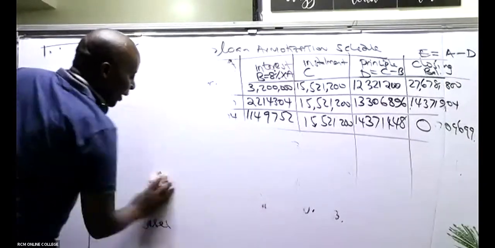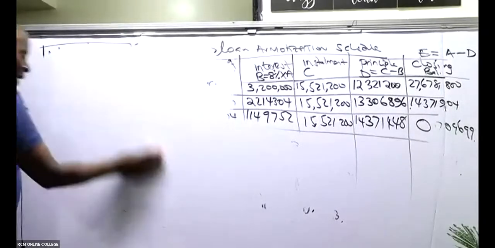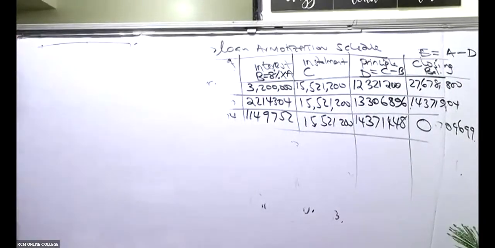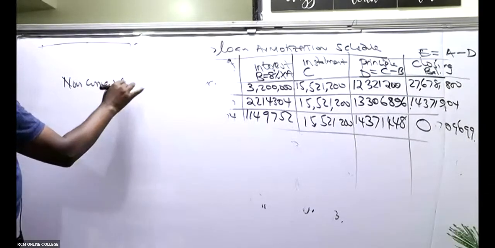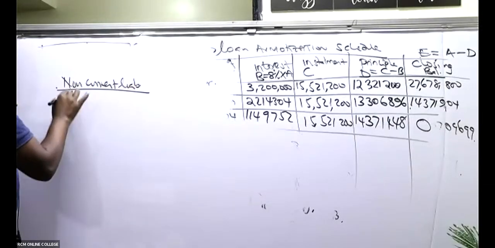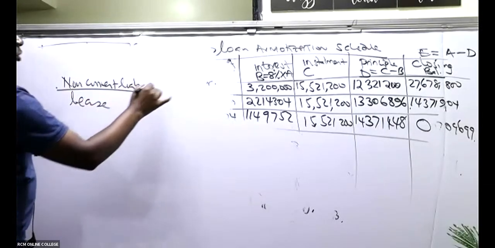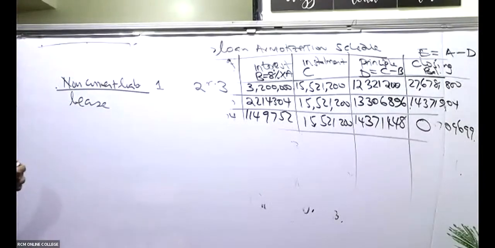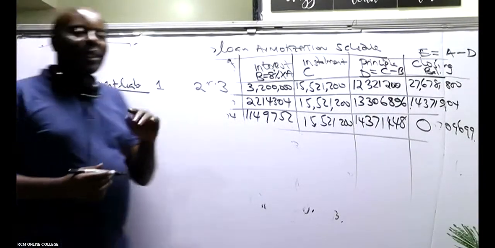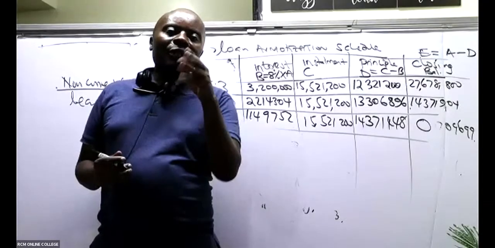I'm only going to write the non-current liabilities and the current liabilities. So we have here non-current liabilities. We start with lease. So we have here 1, 2, 3. Non-current means that we are going to take more than a year to pay.